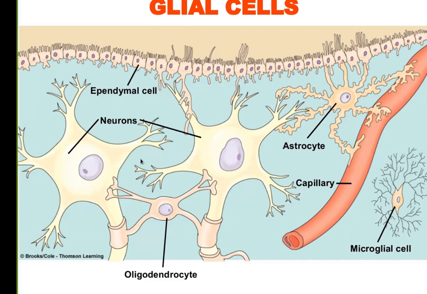We have oligodendrocytes which form the myelin sheath around the neurons. If you remember, previously I told you about another example of these cells, Schwann cells, which form the myelin sheath. And we have microglial cells, which realize a regulatory function to help provide normalized extracellular fluid components.